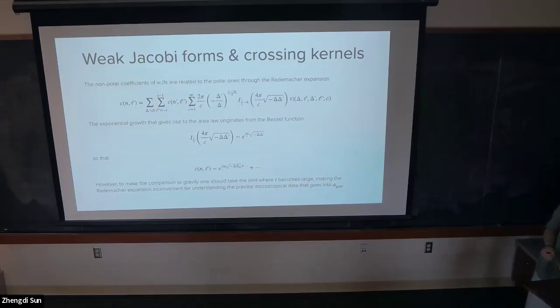You could do it, but in some sense, the data that you have is too fine-grained. We would like to have a more coarse-grained expression so that we can very explicitly see what is the data that goes into the first logarithmic correction to this leading order growth behavior.